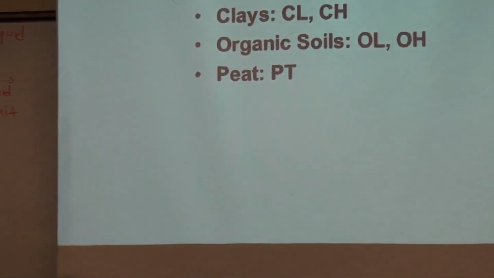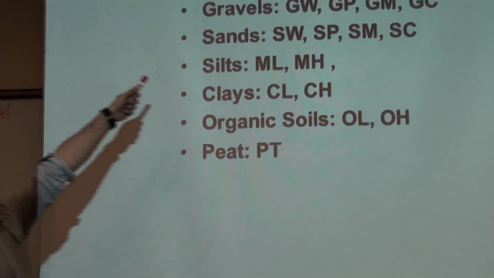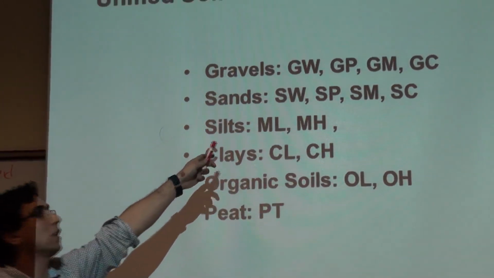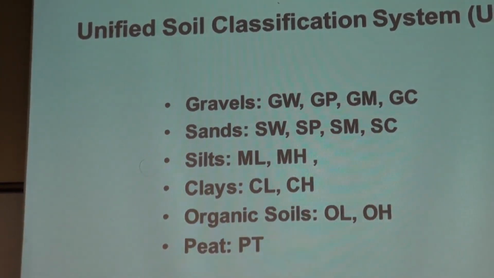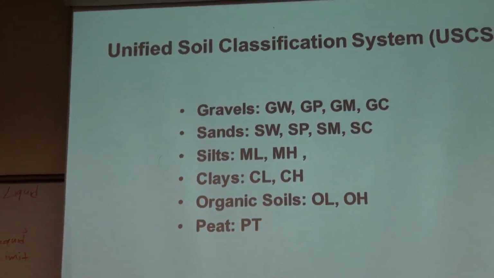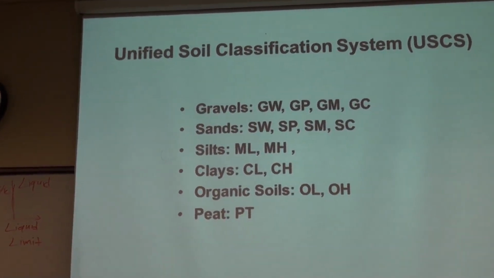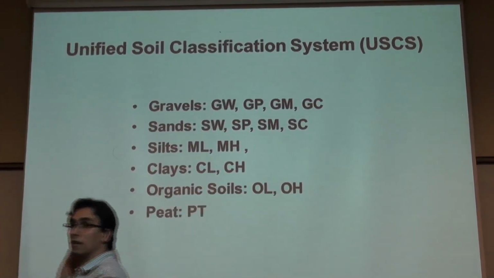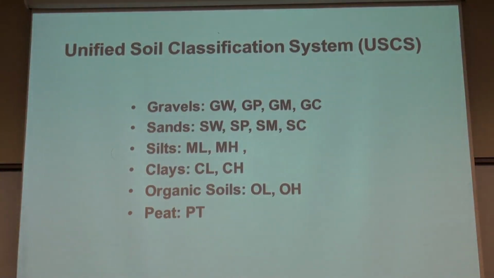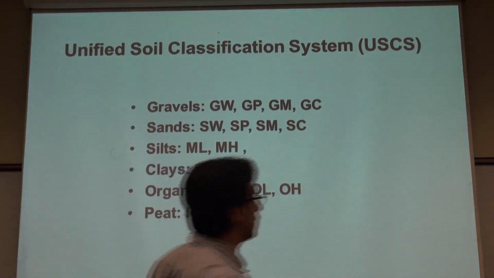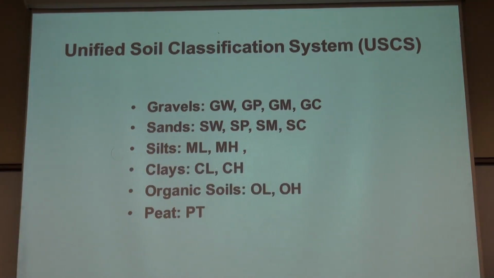We'll look at different soil classification systems. Now, just looking at those symbols, what can you tell me? GW, what does it mean? GW, well-graded gravel. CL, L stands for low plasticity.